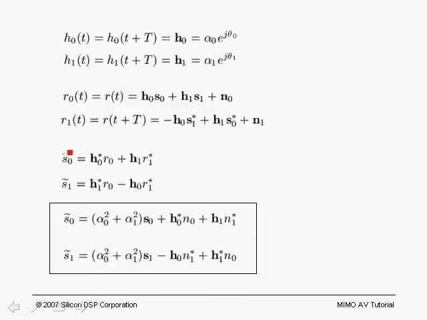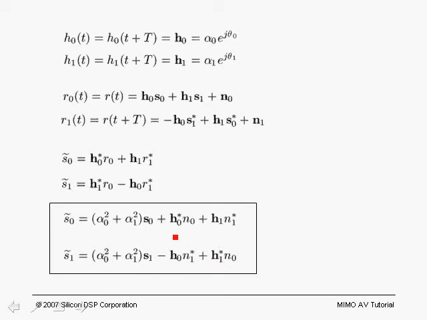If we then form this expression and calculate S0 tilde and S1 tilde, and substitute for r0 and r1 according to these two expressions here, and combine terms and simplify, we get that S0 tilde is equal to alpha 0 squared plus alpha 1 squared times S0, plus terms associated with the noise in the receive path and the channel. S1 tilde is also equal to alpha 0 squared plus alpha 1 squared times S1.